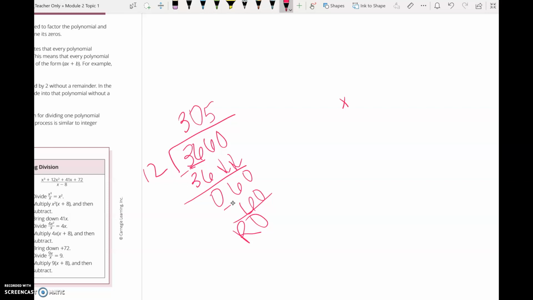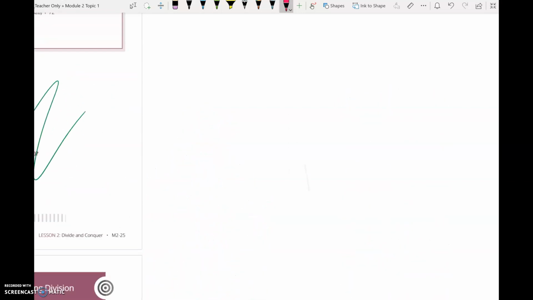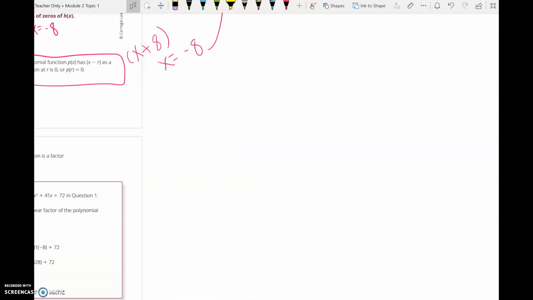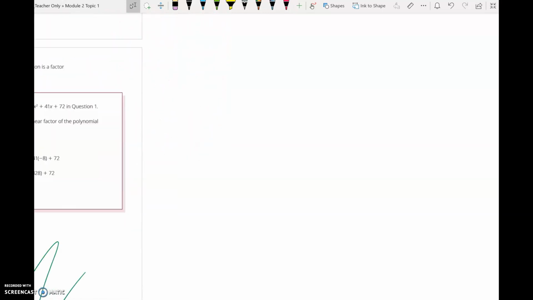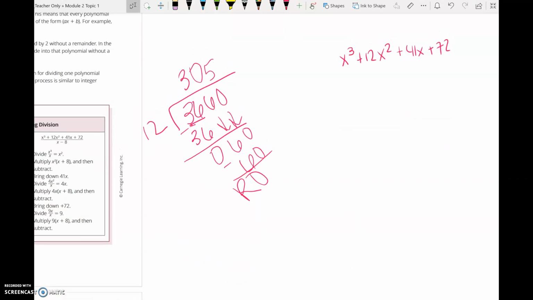So I'm going to take x cubed plus 12x squared plus 41x plus 72. And remember, we said that x plus 8 was already a factor. So I'm going to divide it by x plus 8.